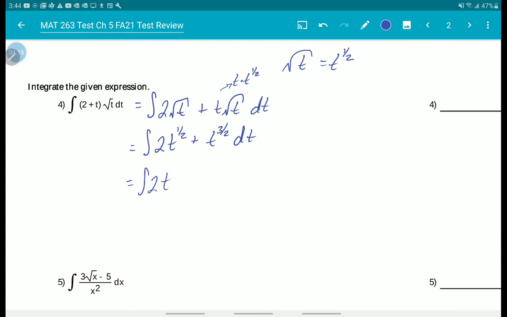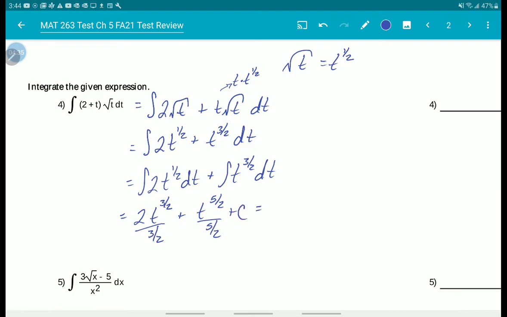We need to integrate each piece separately. So we're going to add 1 to the exponent, and then we're going to divide by the new exponent. And then we need to simplify this.